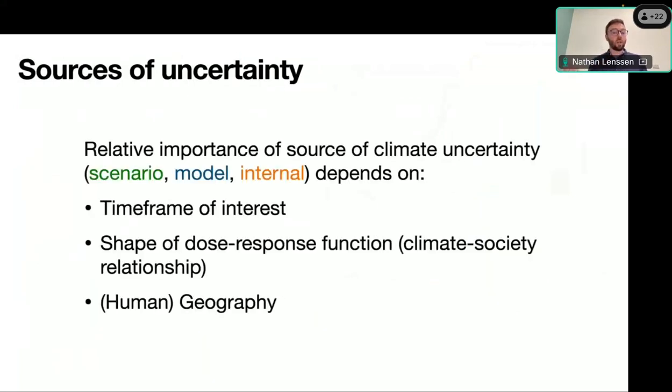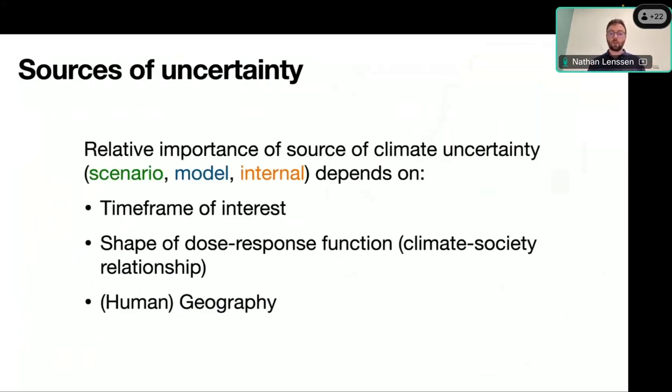And so we were able to conclude that the relative importance of climate uncertainty source really depends on many things. It, of course, depends on the time frame of interest, as has been shown in many studies by Hawkins and Sutton, Flavio Lehner, and many others. But we were able to see that the more nonlinear the dose response function, the more internal uncertainty seems to matter, which makes sense intuitively, as we have an impact that happens really at the tails of our distribution.